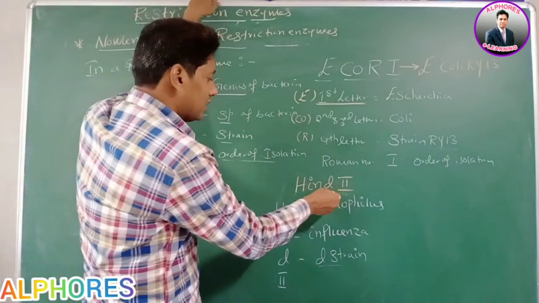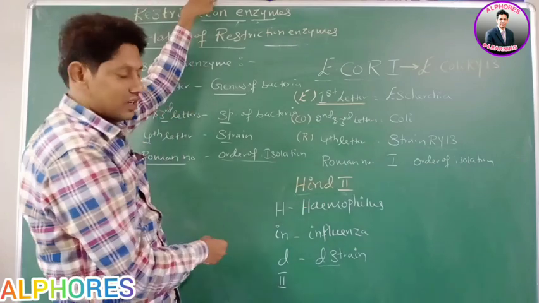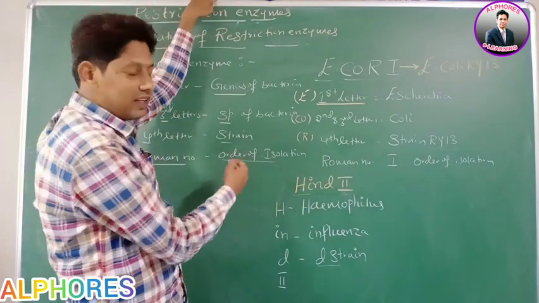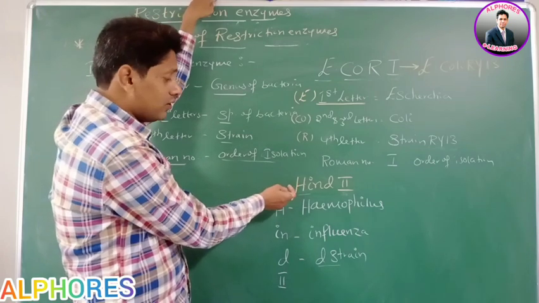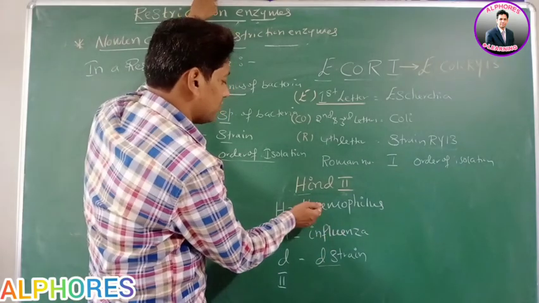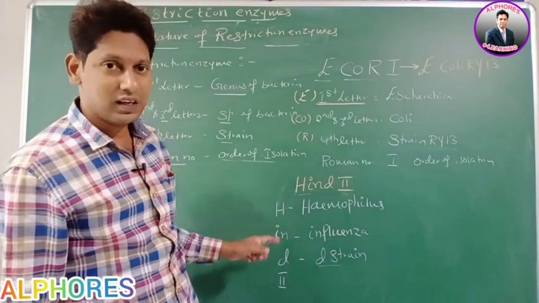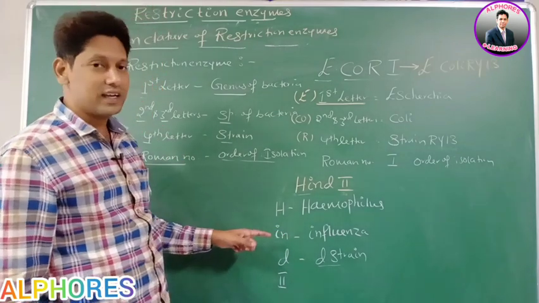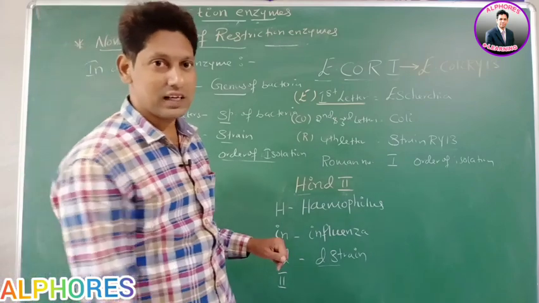What is it? Hind 2. Therefore, this is the second restriction endonuclease enzyme that was isolated from D strain of Haemophilus influenza. Is this statement okay? Clear. Therefore, Roman 2 indicates order of isolation. Clear, right?